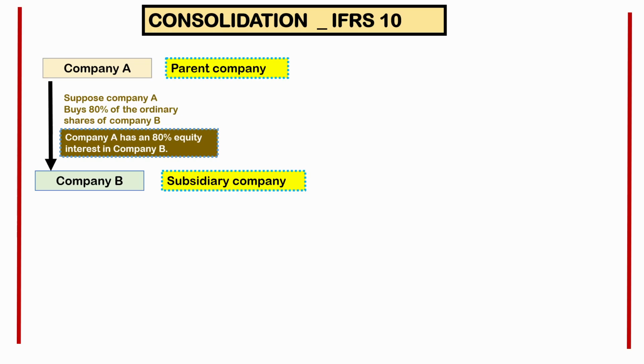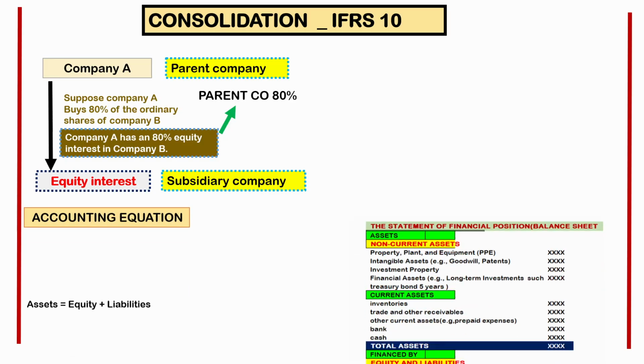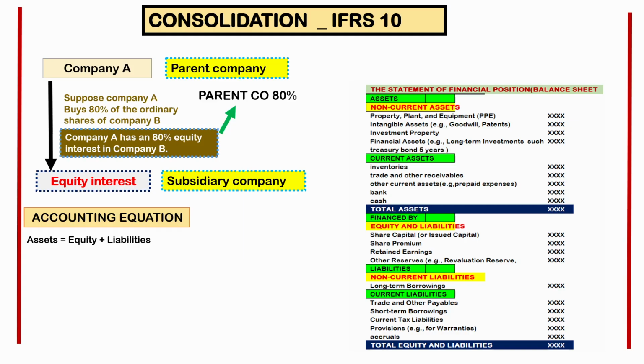Of course, when you talk about equity interest, we are referring to the equity interest of the subsidiary. Therefore, if I look at the parent company acquiring 80% of equity interest, of course, if I take the accounting equation of the subsidiary here, where we normally say that asset is equal to equity plus liability, then this is the portion that we are referring to as the asset.